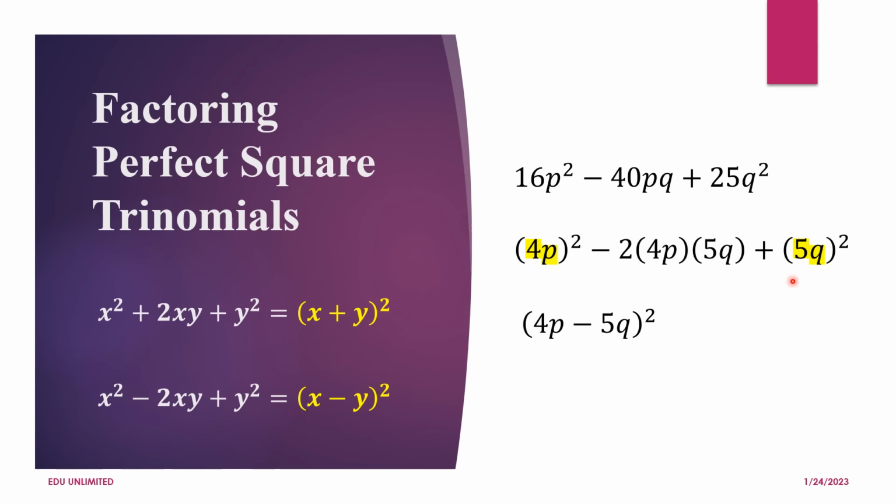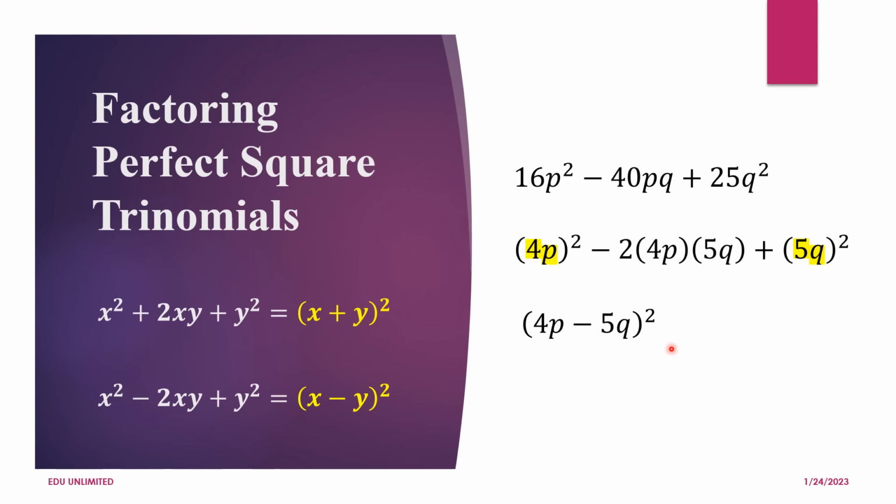So that 5q represents y and 4p represents x, and we put back the minus 2. So factoring it completely, 4p represents x, follow the cursor, and 5q represents y, so it would read open bracket 4p minus 5q close bracket all squared.